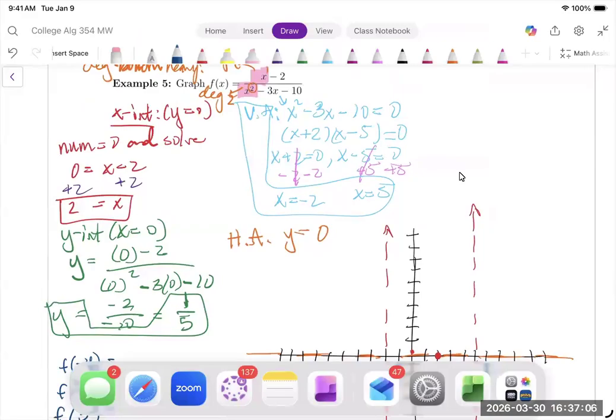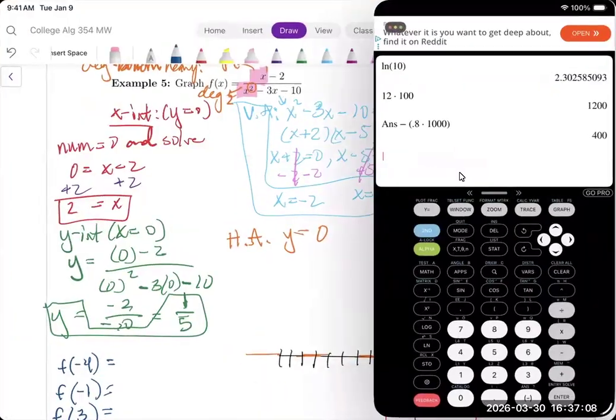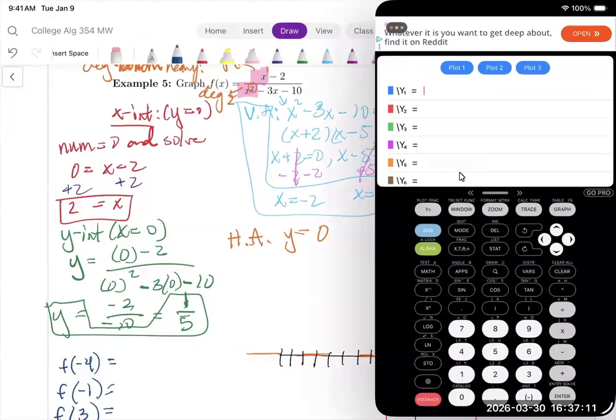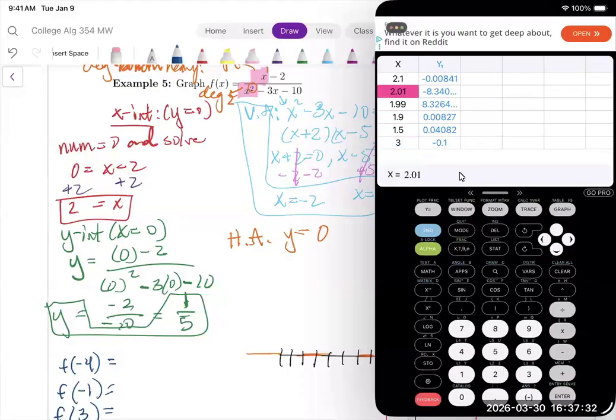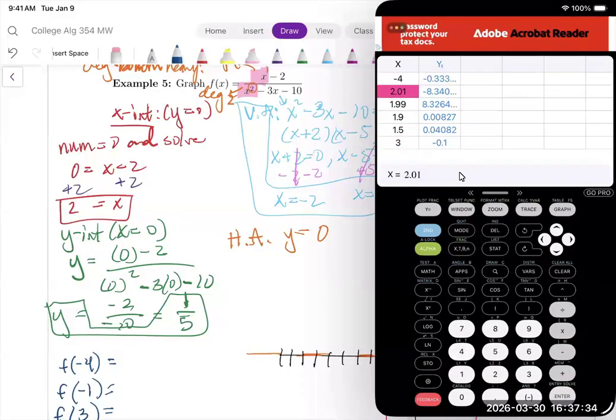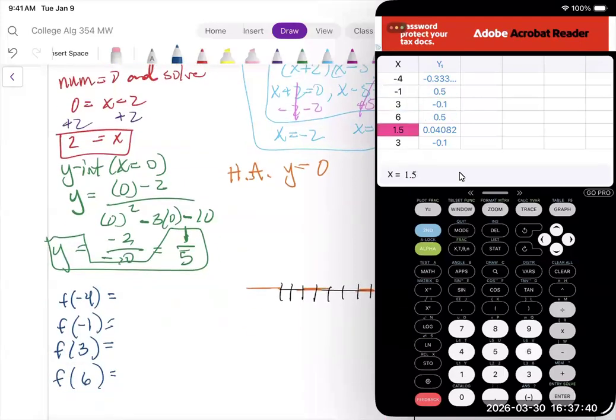Okay, I am just going to pop it into here and look at my table. In y equals, you can just always do parenthesis, x minus 2, close parenthesis, divided by x squared minus 3x minus 10. Then if I go into my table, I already have it on auto. I can do -4, enter, -1, enter, 3, enter, 6, enter, and I could even do 7. Let's delete that one out.